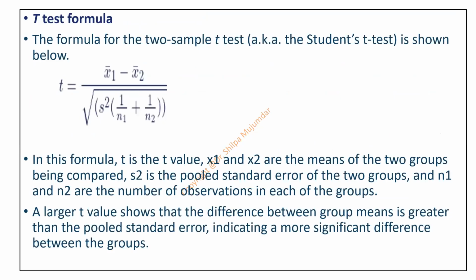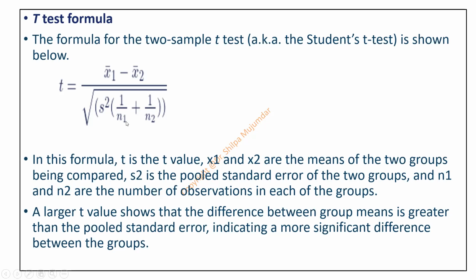Now, what is the formula of the t-test? This formula is specially for two sample t-test, that is t is equal to (X1 minus X2) divided by S2. T is the T value, X1 and X2 are the means of the two groups being compared, that is X1 minus X2, S is the pooled standard error of the two groups, and N1 and N2 are the number of observations in each group.